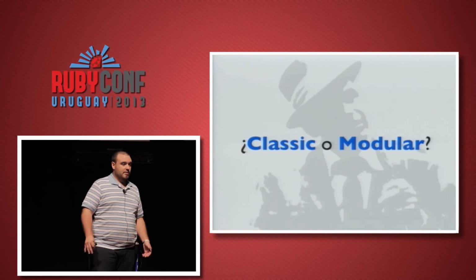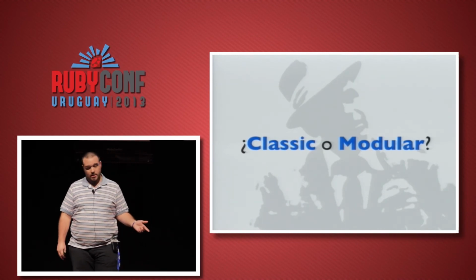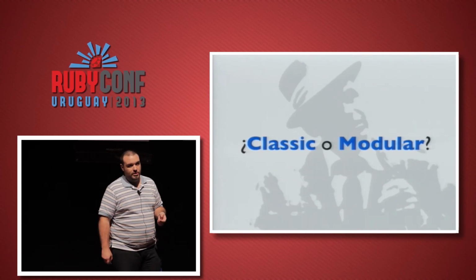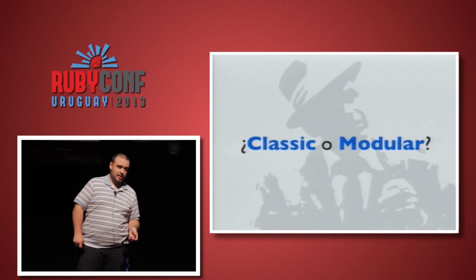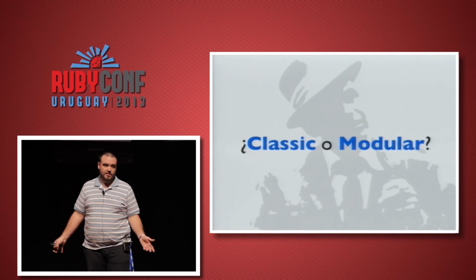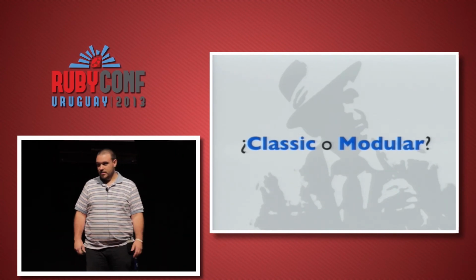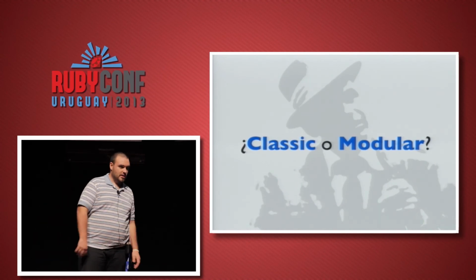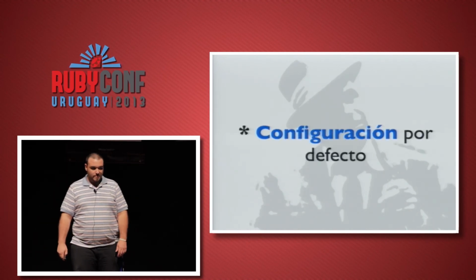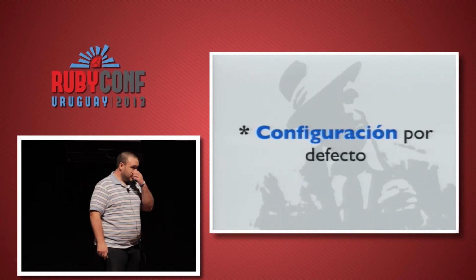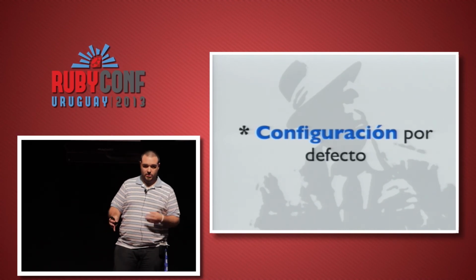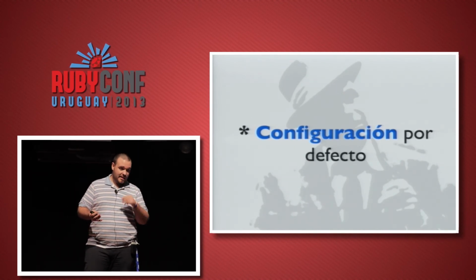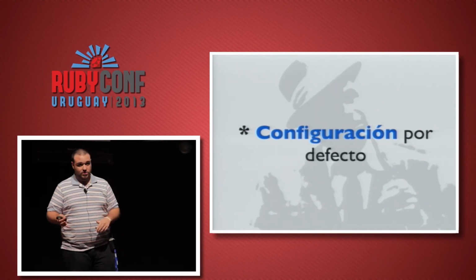And the most important decision is whether we are going to do a classic or modular app. I like modular apps because they are more object-oriented than the other ones. So it's more comfortable to interact with objects and not to have everything lying around in a text file. We should define a default configuration, and this is linked to what I was saying about class inheritance.